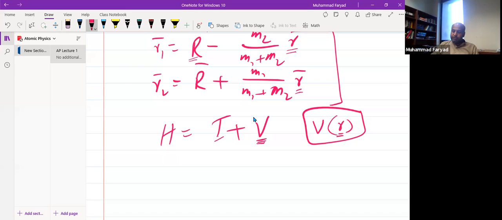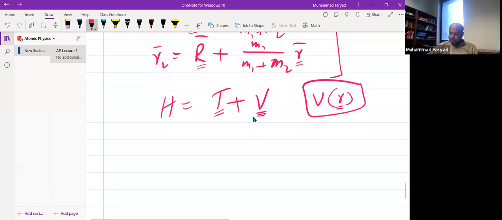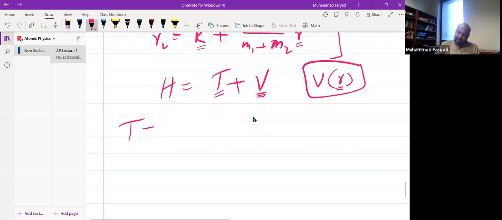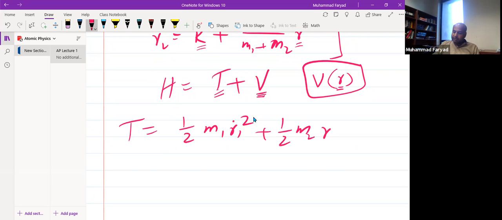So we need to figure out a way to transform the kinetic energy of the particles from their absolute position to the kinetic energy in terms of the center of mass and the relative coordinates. So for that, let's start from this thing. Suppose the total kinetic energy is half m1 R1 dot squared plus half m2 R2 dot squared. R1 dot is the derivative of R1 with respect to time.